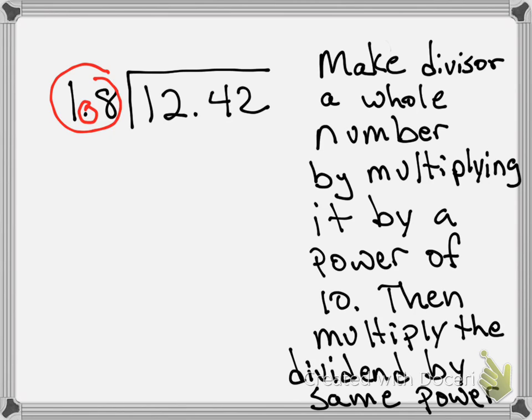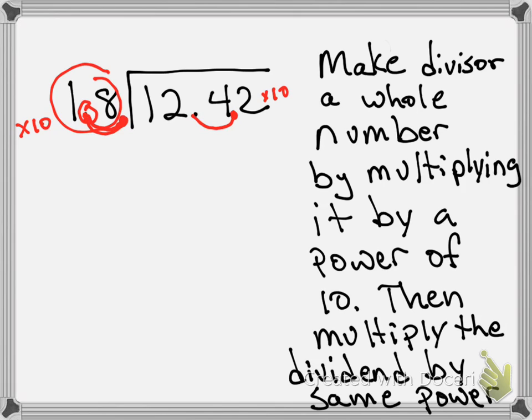Essentially, whenever you multiply by a power of 10, you're just moving the decimal. So if we multiplied this by 10, it would move the decimal over here. But what we do to the divisor, we have to do to the dividend as well. And so since we move the decimal one place here, we will move it one place here. Essentially, we multiplied this by 10, and we multiplied the dividend by 10.